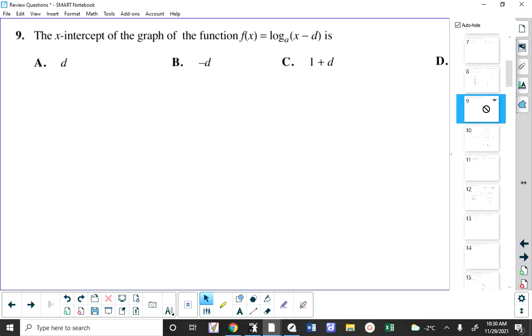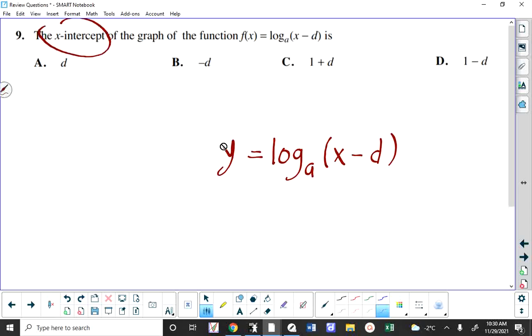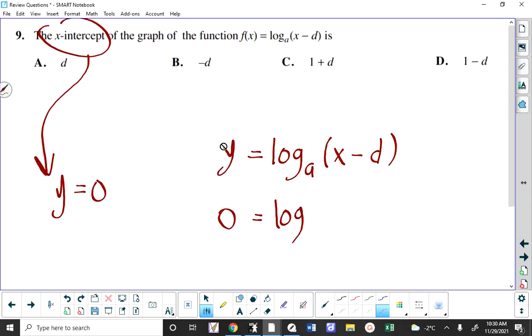Okay, what is the x-intercept of a function? So we have y is equal to log base a of x minus d. An x-intercept is always found by choosing y equals 0. So ultimately we have to put 0 in for y and solve this equation for x.